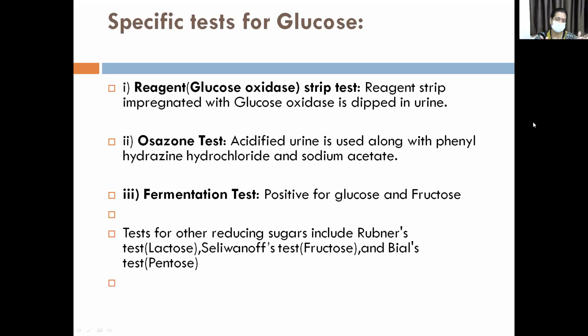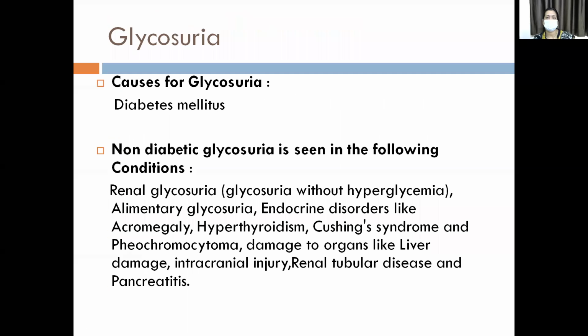Benedict's test is the standardized test. If they ask for other tests of glucose other than Benedict's, you have to say at least the names. Just remember the test, principle, constituents, procedure, advantages and disadvantages, and you will be able to tell.